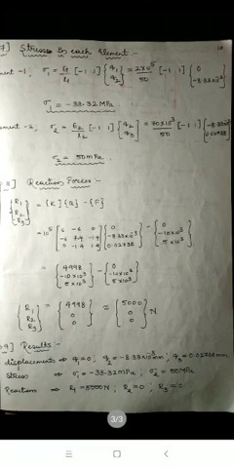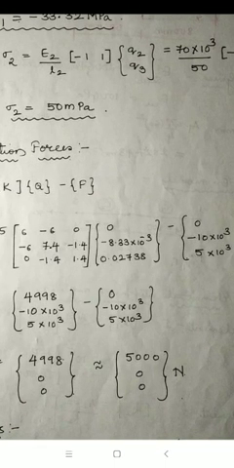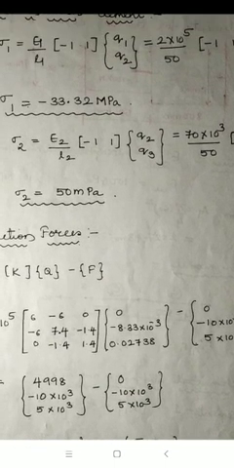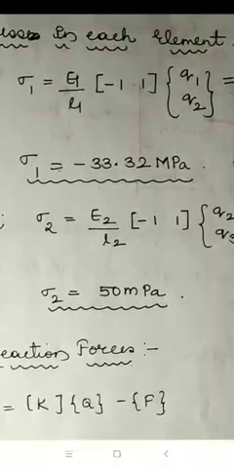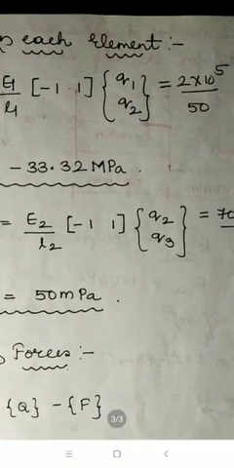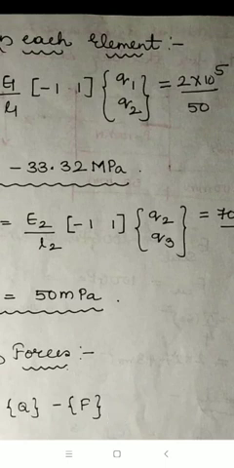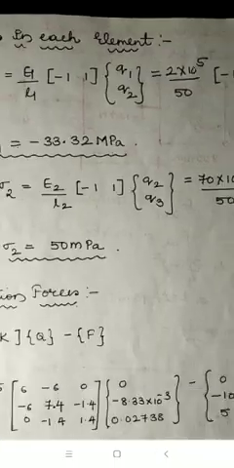Next, finding the stresses. For finding stresses, the equation is like this: sigma equal to E upon L times minus 1, 1 times Q1, Q2. So for element number 1, sigma 1 equals E1 upon L1 times minus 1, 1 times Q1, Q2. Why Q1, Q2? Because for element number 1, the nodes are 1 and 2. Here we will come to know.